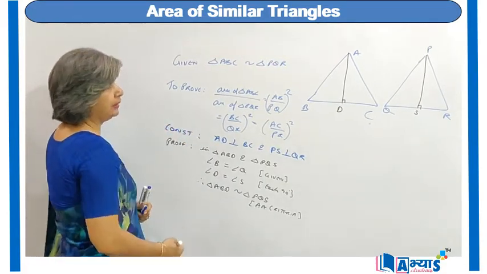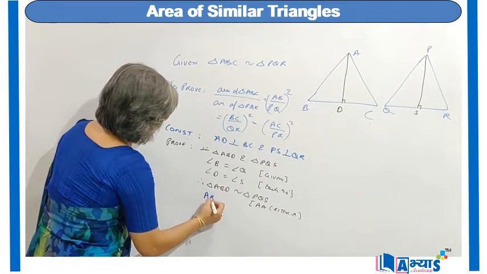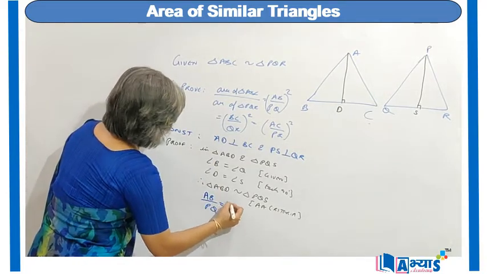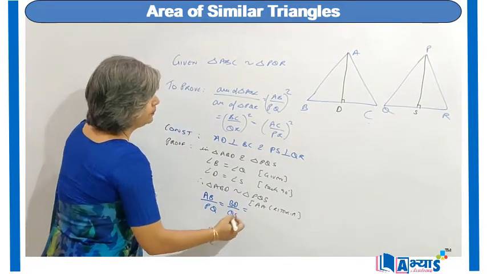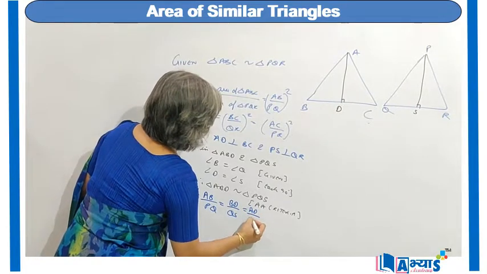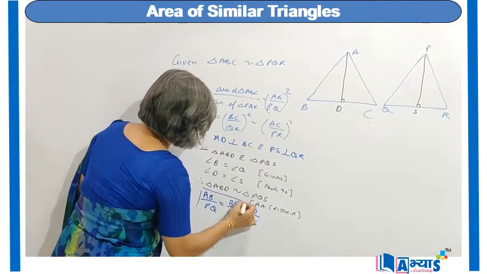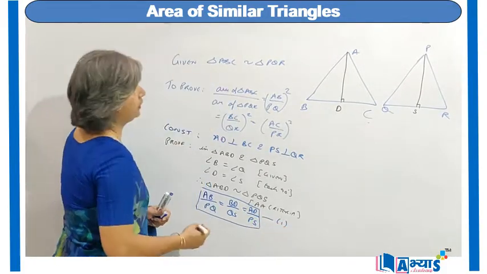Therefore, as the two triangles are similar, we can write the ratios of their corresponding sides. So AB upon PQ is equal to BD upon QS is equal to AD upon PS. So these are the ratios of the corresponding sides of two similar triangles.